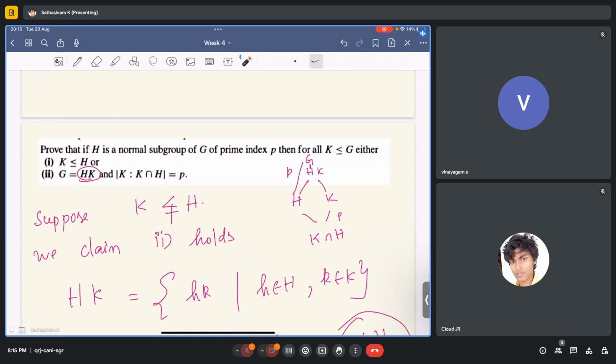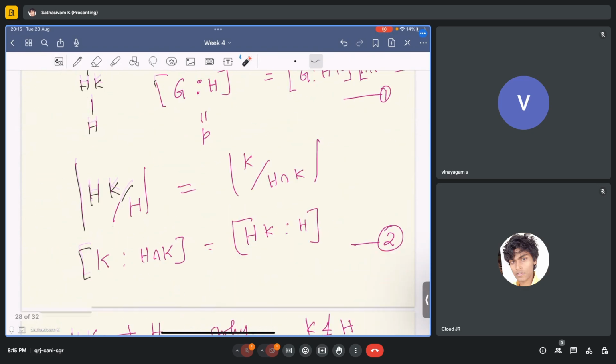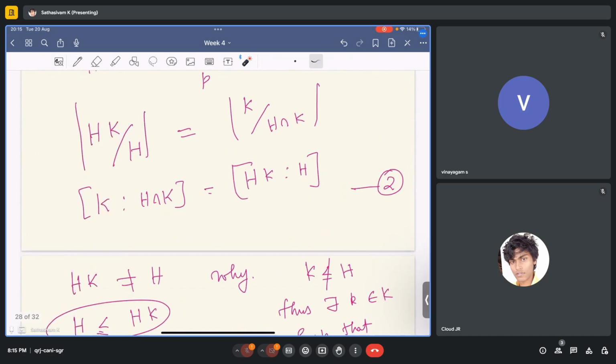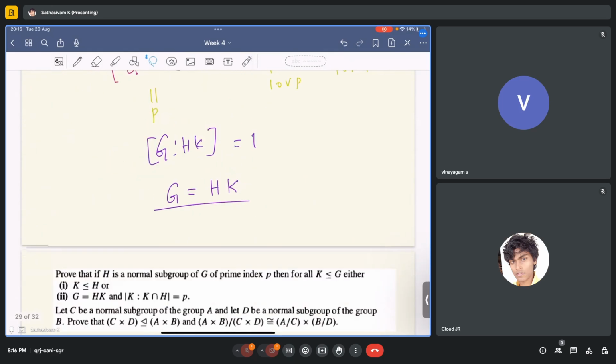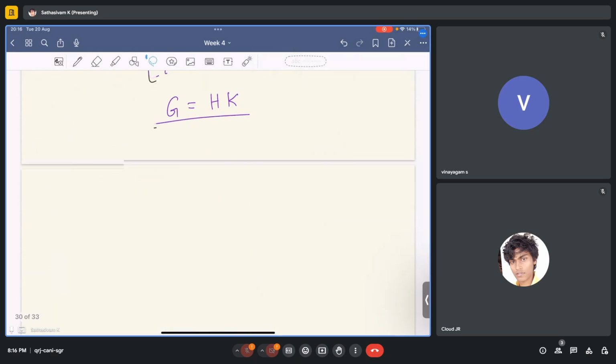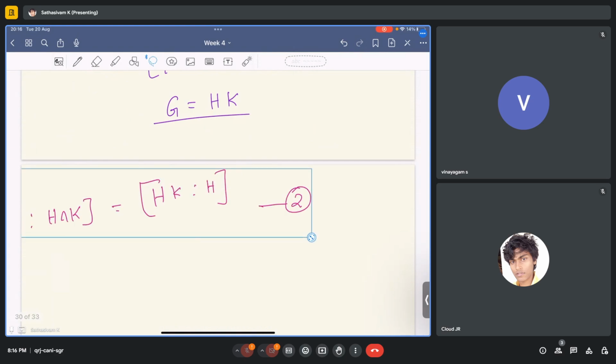We want to find K by K intersection H, right? So let's look at the second one. K by K intersection H is nothing but HK by H, right? So let me copy this also. Paste it.